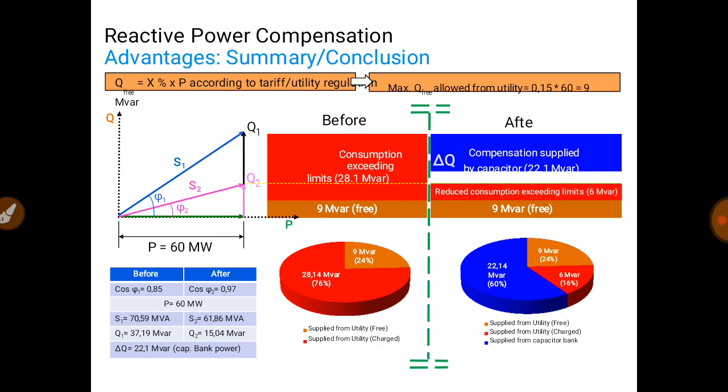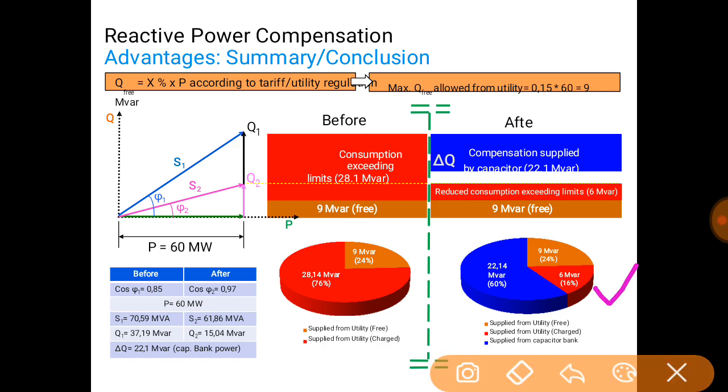Here of the 37.19, 9 MVAR is free, and the chargeable part is 28.14. In the second, the chargeable value is only 6 MVAR, 16% of total power.